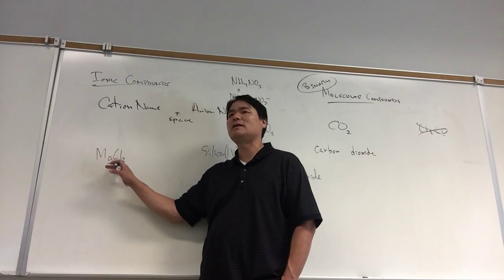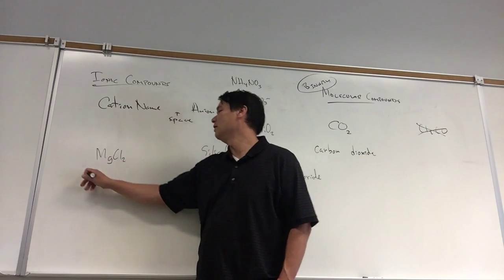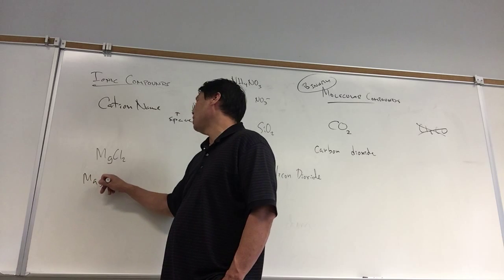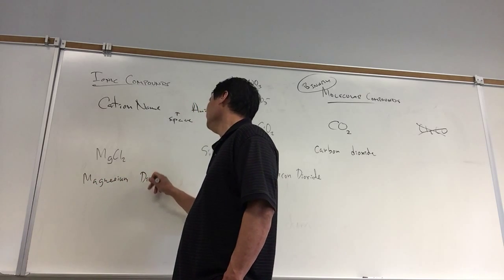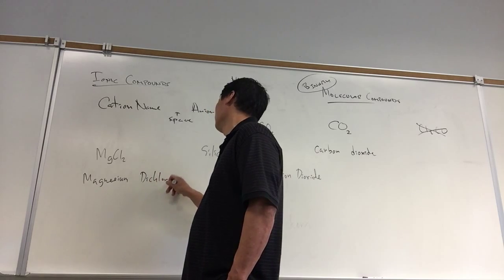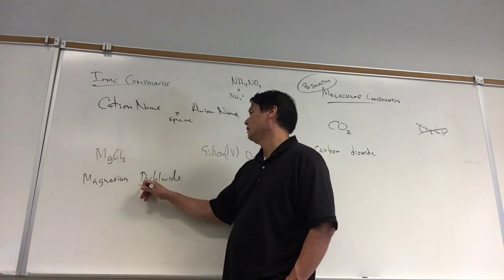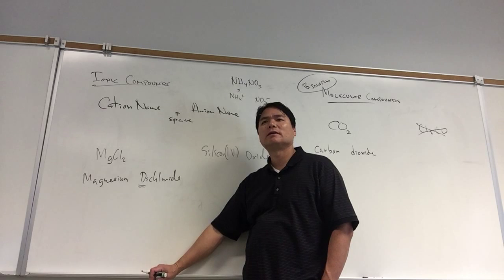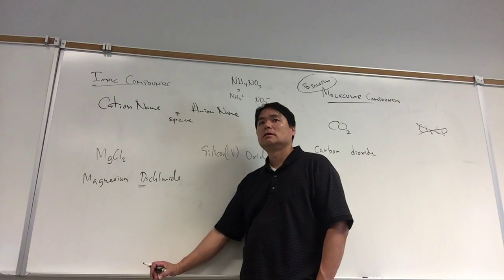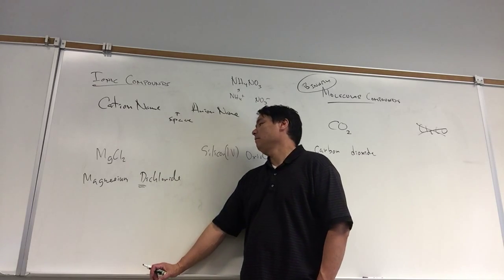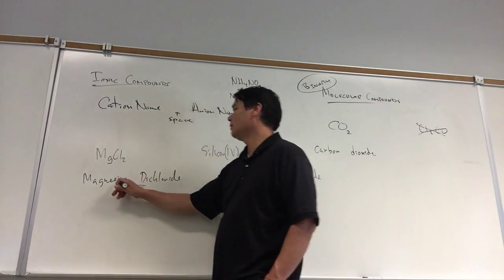If we called it magnesium dichloride, we're wasting space. The di is not necessary. It's pretty obvious there has to be 2 chlorides. And so that saves paper. We want to save paper.